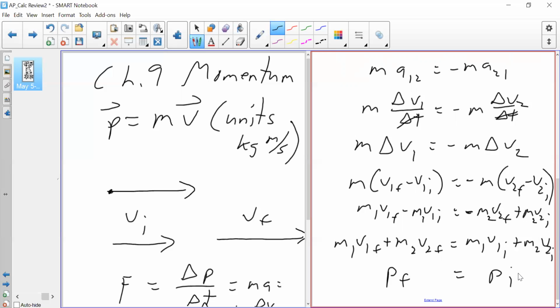So the momentum of the system is constant, it's conserved. Okay, so again, this is old hat, conservation of momentum.